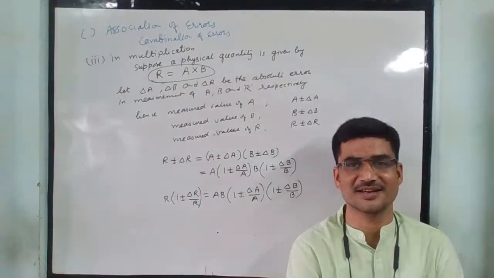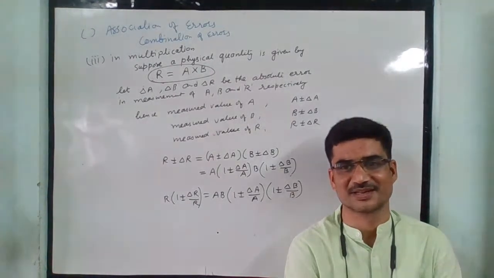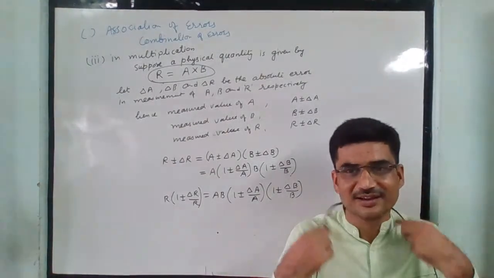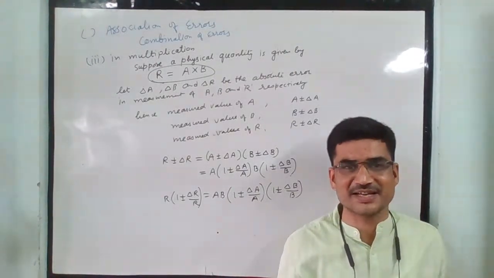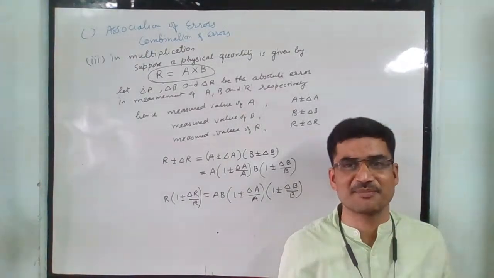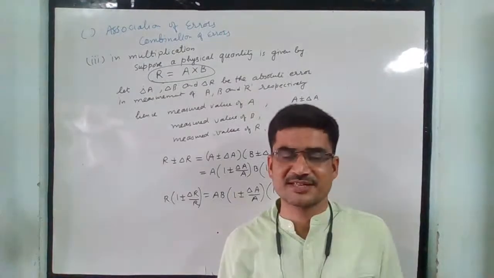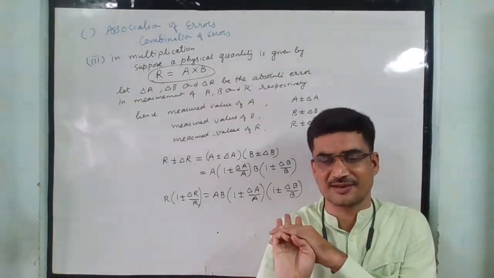Did you not attend yesterday? See, don't hesitate, all of you. But delta A by A, it is a relative error, fractional error. Have you forgotten? What did we study last class? Error can be expressed in 3 ways: absolute error, fractional error, and percentage error.